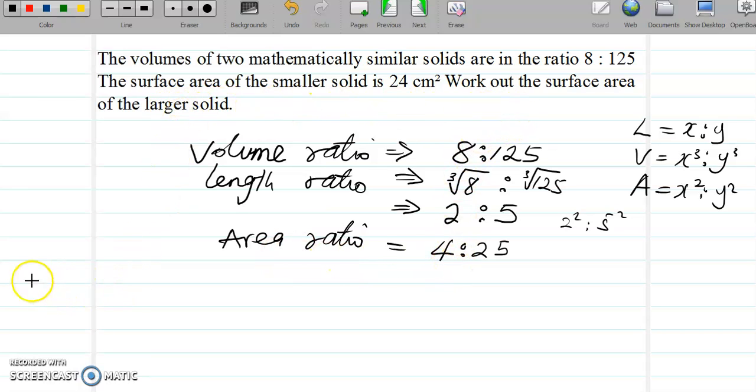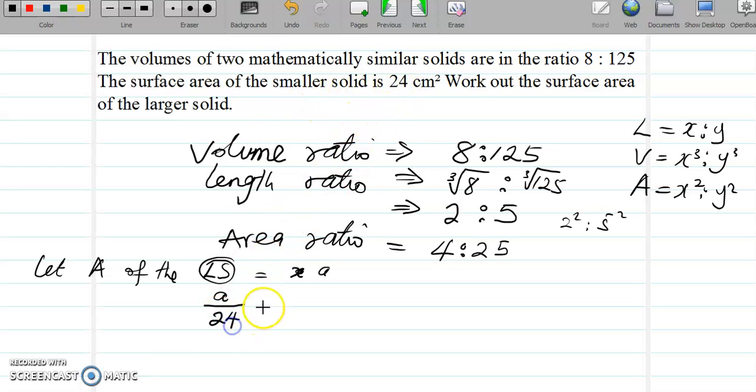Let the area of the larger solid be x, or let me use small a.